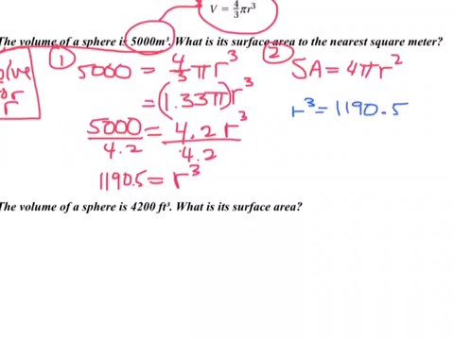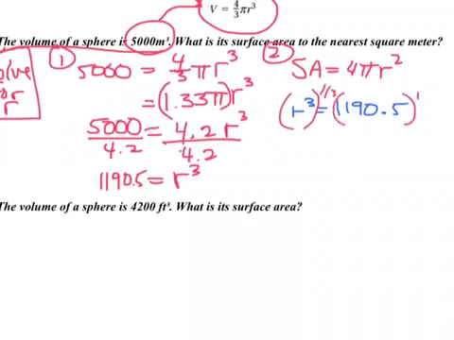Okay, so now we need to take the cube root of both sides of the equation. But another way to do it is to raise both sides to the 1/3 power. So to undo the third, I'm going to raise both sides to the 1/3.